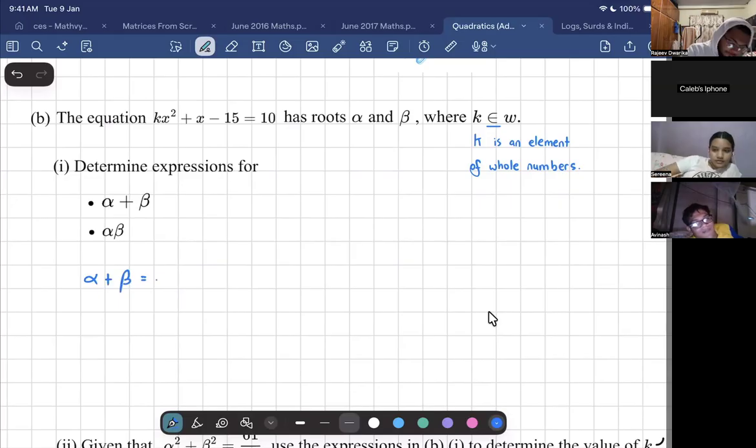Minus b over a. And what about alpha beta? That was c over a. Cool.